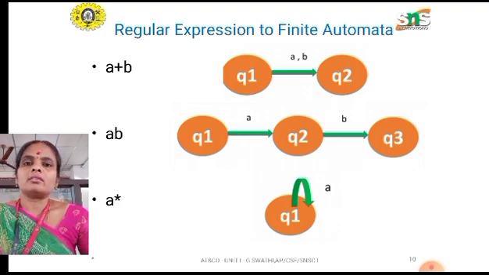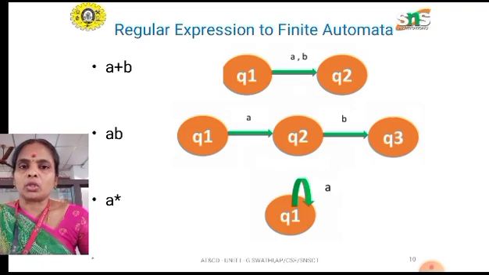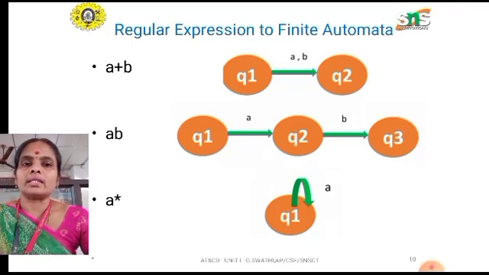In the second case, AB is called the concatenation of A and B, which means that B must follow A. So now we have the starting state Q1. From Q1 we transit to the state Q2 on input symbol A. From Q2 on input symbol B we lead to Q3, which is the final state.